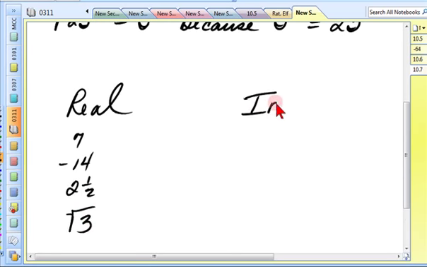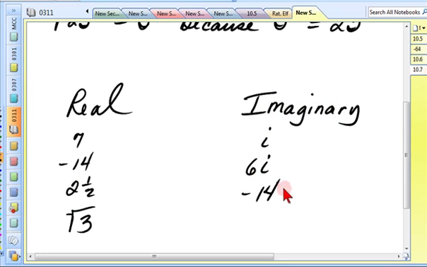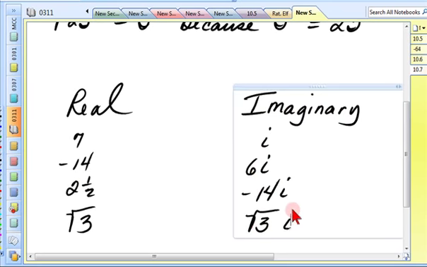Numbers that involve i are called imaginary, and they would be numbers like i, 6i, -14i, square root of 3 times i. Okay, remember what's i? It's the square root of -1.